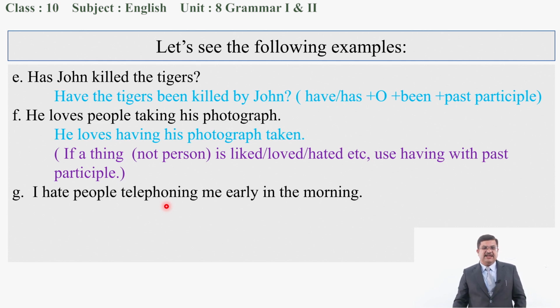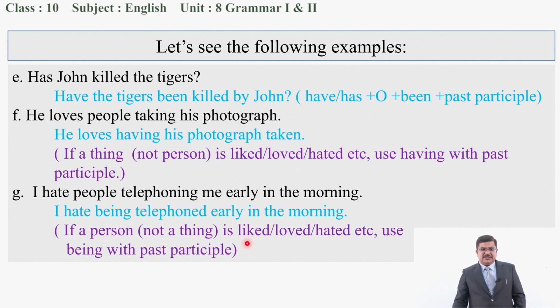I hate people telephoning me early in the morning. What is the passive form of the sentence? I hate being telephoned. I hate being telephoned early in the morning. What did I say? When there is a person, we use being. When there is an object, we use have or having.